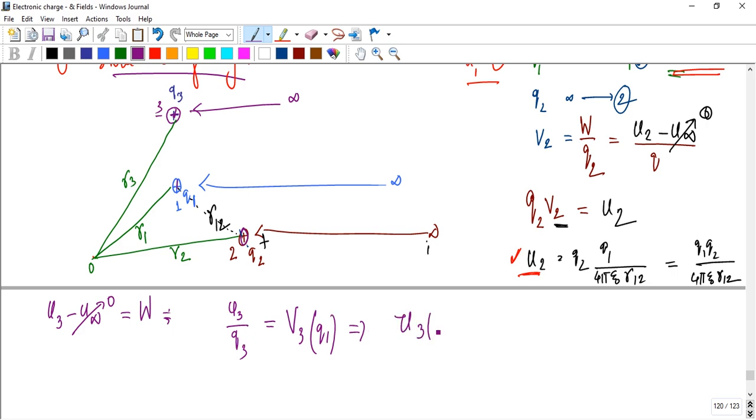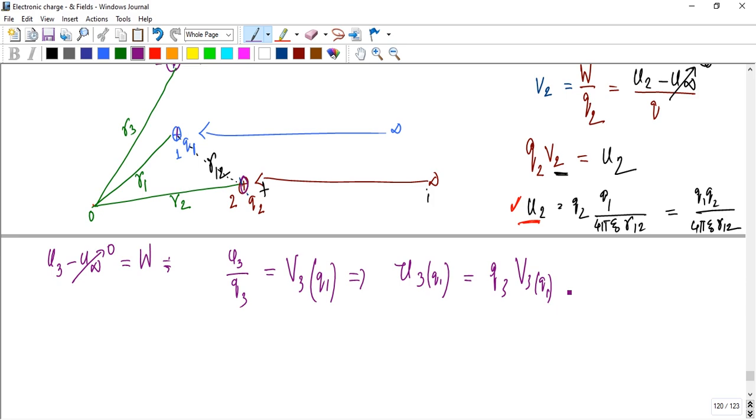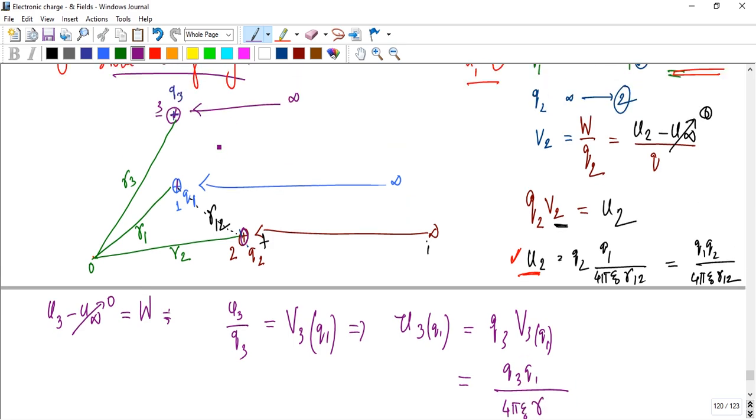Due to Q1, we calculate U3 and get Q3 times V3 due to Q1, the potential at 3 due to Q1. Q1 now behaves as a source charge. So we get Q3 Q1 over 4 pi epsilon naught R, the separation between these two, that is R13.